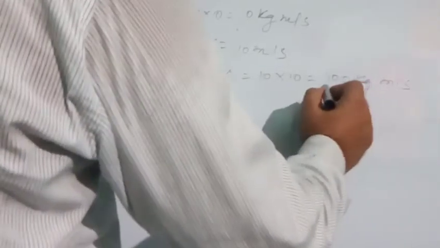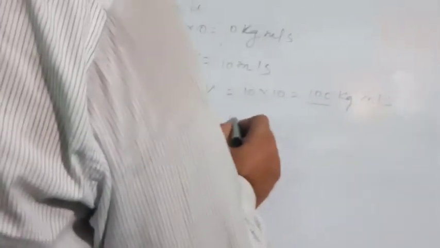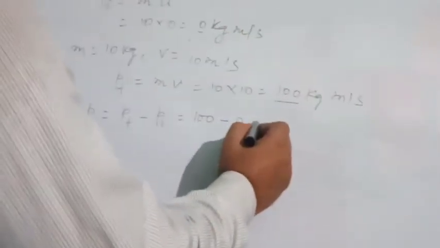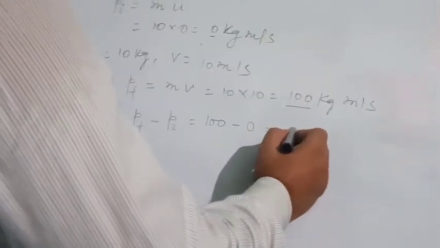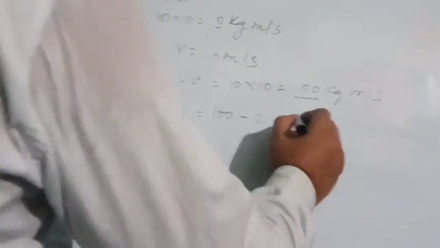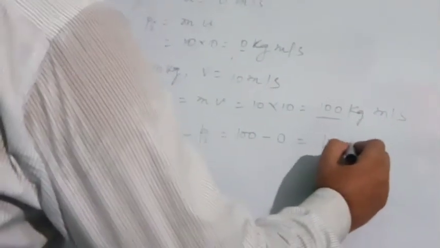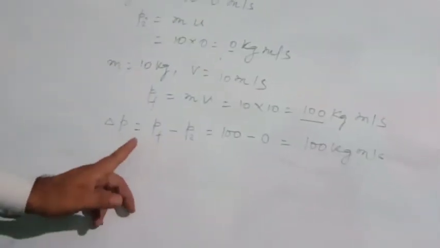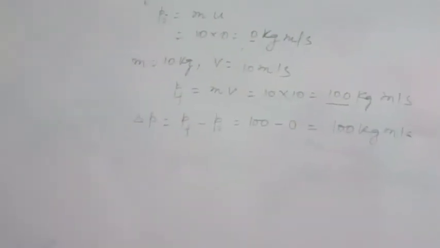Final momentum is 100 kg meter per second and initial momentum is 0 kg meter per second. Finally you get the answer: the change in momentum is 100 kg meter per second.